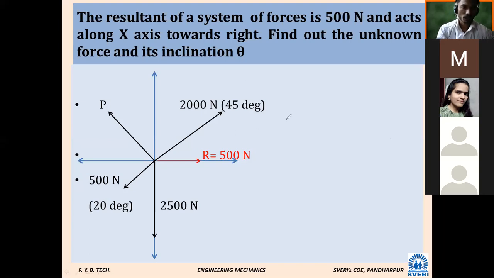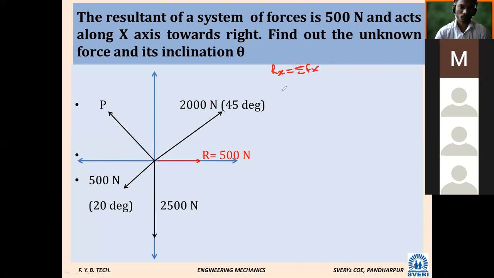Coming back to the syllabus, which formula are we applying here? The x component of resultant is equal to summation of all x components of the remaining forces. So if we apply here, Rx is equal to summation Fx. What will be the value of Rx?